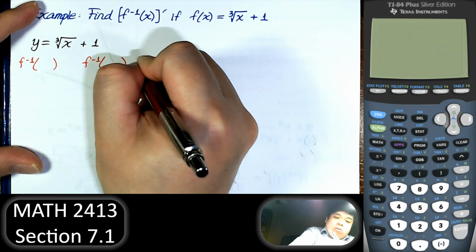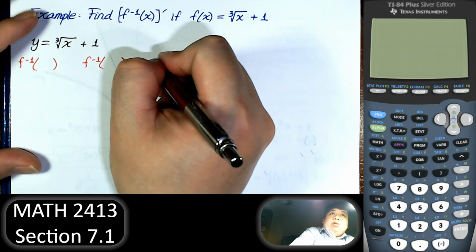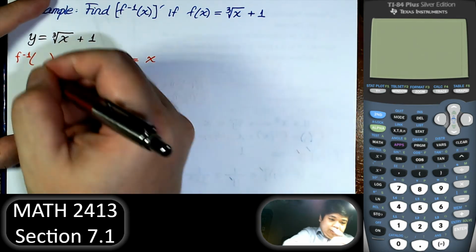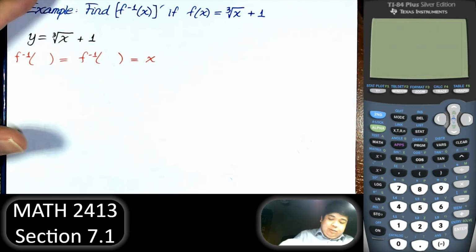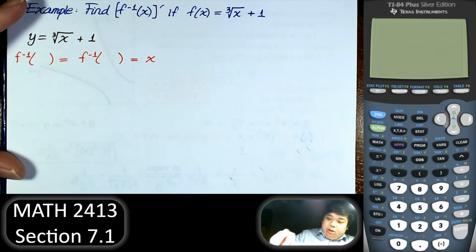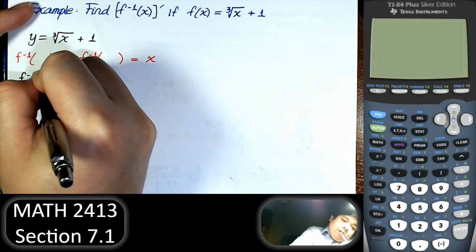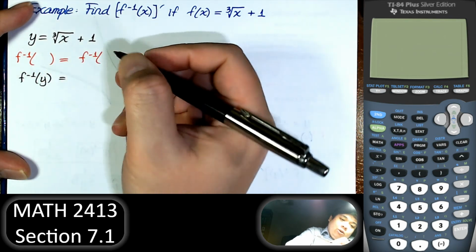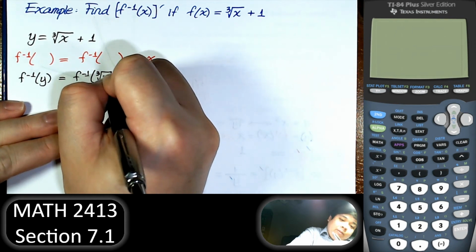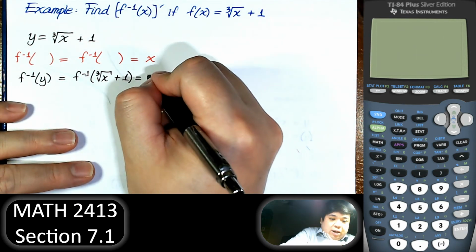When we apply the inverse on both sides, it will give us back the variable x. So let's just write: f inverse of y equal to f inverse of cube root of x plus 1, which gives us back x.